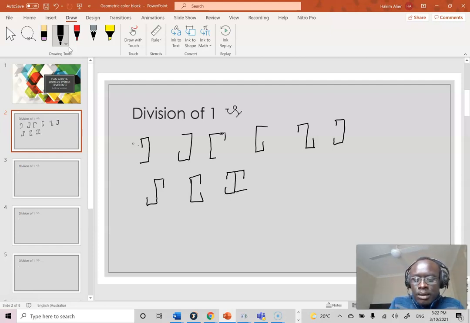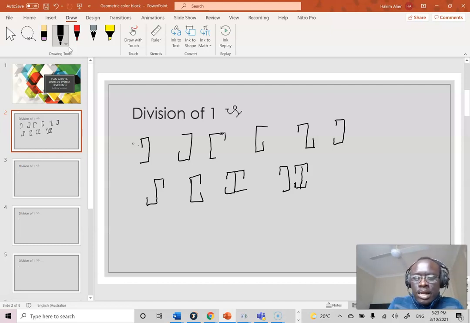And number 10, you know well, is just number 1 here and number 0, which is like that. So we have 1, 2, 3, 4, 5, 6, 7, 8, 9, 10. And sometimes we just write 0. As you know, 0 is written that way. So that's how we write from 1 to 10.